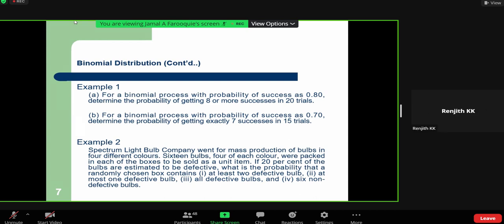So P of R greater than or equal to 8 out of 20 trials with a probability of 0.8.